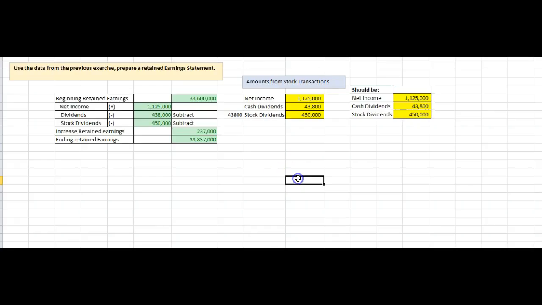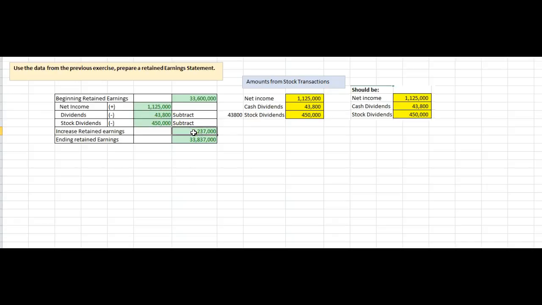So now, let's look at this. Now we've got 33. This is what we started with. This was our net income from right here. This becomes our dividends. So you're going to change that one. And this one was good. And if I do 43,800 here, I'm not sure if this is working now.